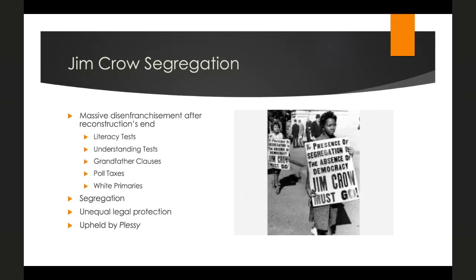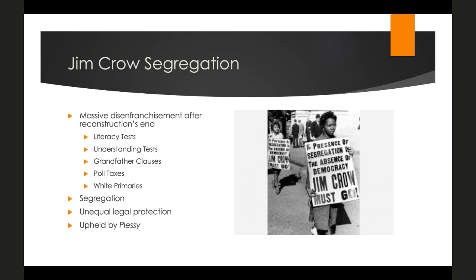There was also unequal legal protection for African Americans in the South, with various laws about imprisoning idle African Americans that were used to discriminate against unemployed or homeless African Americans in a way that they were not used against white people who were also unemployed or homeless.